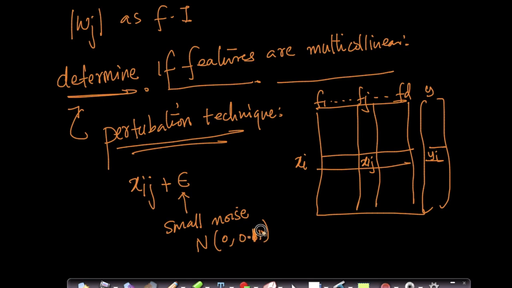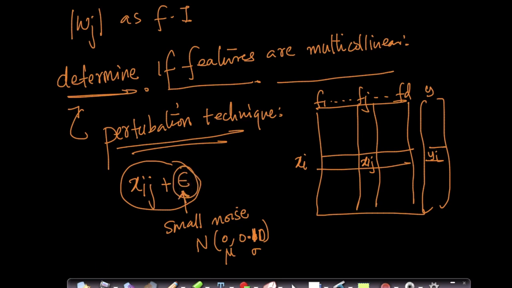So for every value in this matrix, you can simply add a small noise term. When you do, you're perturbating each of these values slightly. Remember, you've already column standardized all this data.